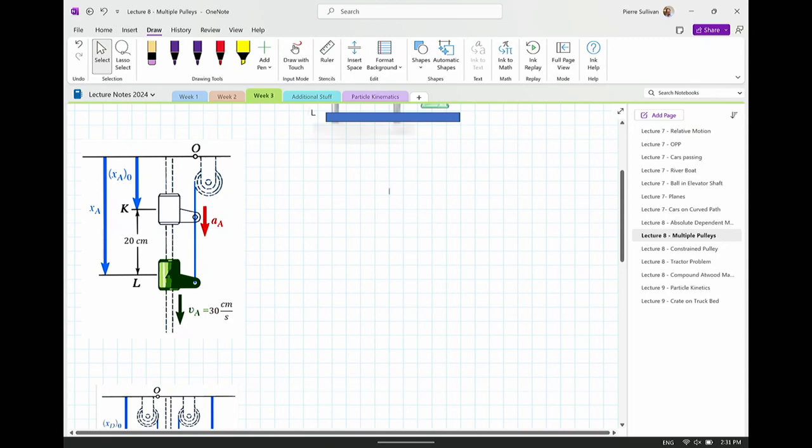All right, so I have an origin that starts at the very top. It's where the ceiling is attached. I have K to L over there, and I have a velocity of 30 centimeters per second at that point. So velocity of A is given, acceleration of A is constant. That's the only thing I know.